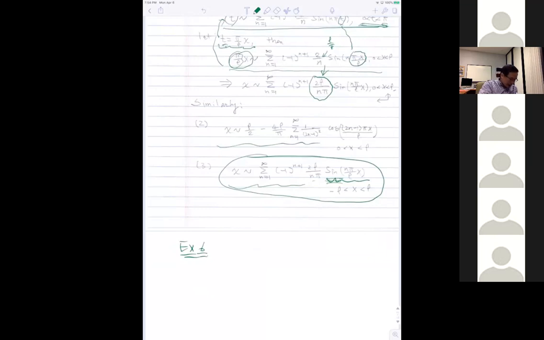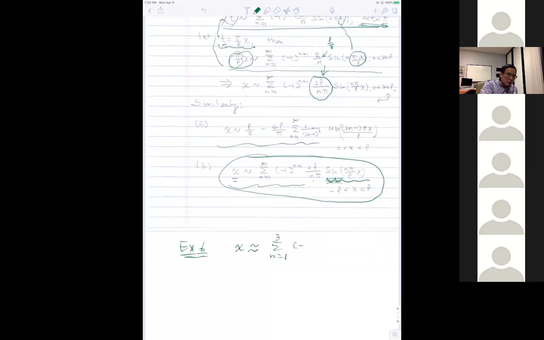Now this of course is a simple case, but if you want to find an approximation of x, you can just use finitely many terms. So let's say I let n run from only 1 to 3.